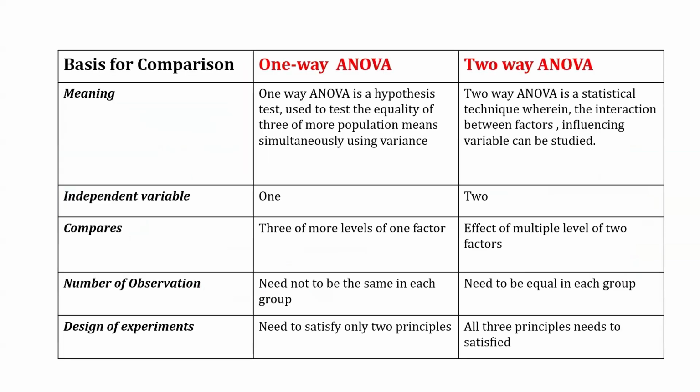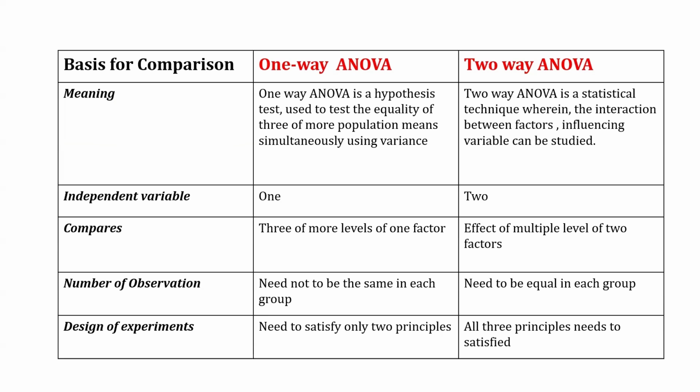Now, to summarize the difference between one-way and two-way ANOVA, let us see the table. First is the meaning of the two ANOVAs. One-way ANOVA is a hypothesis test used to test the equality of three or more population means simultaneously using variance.